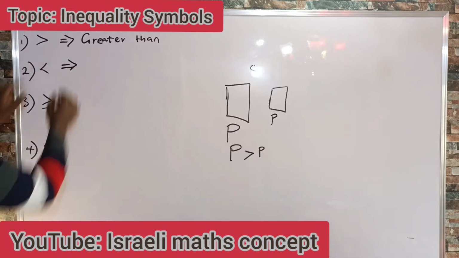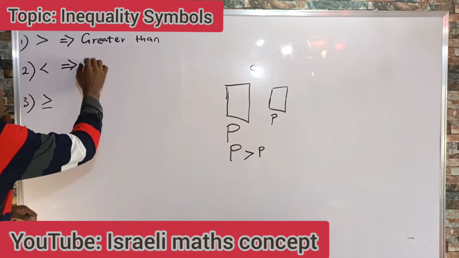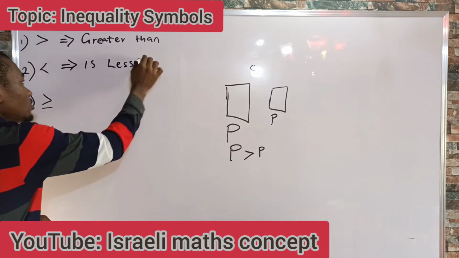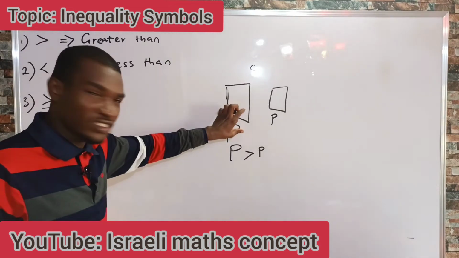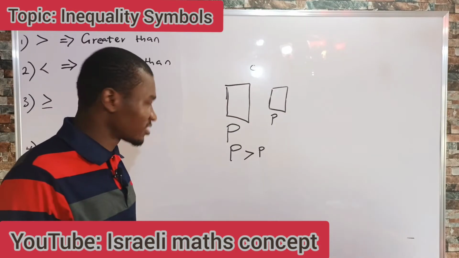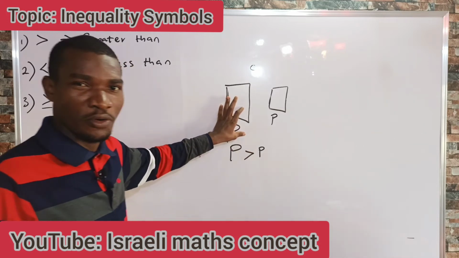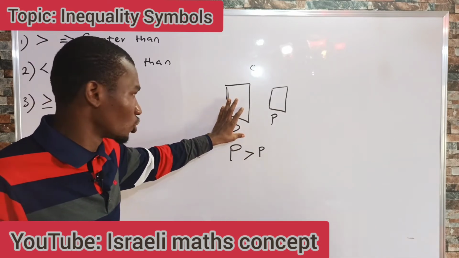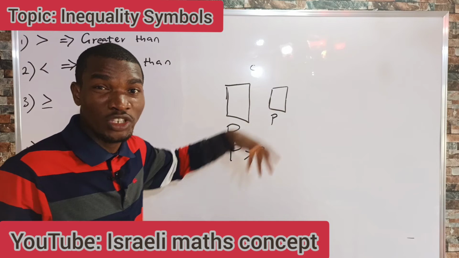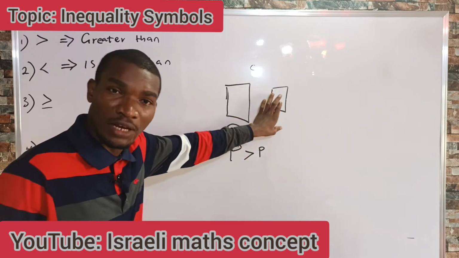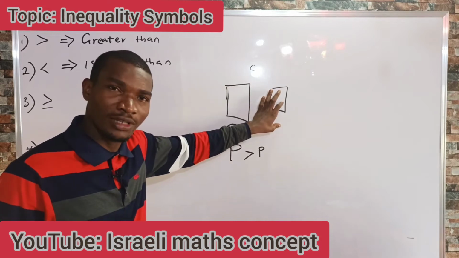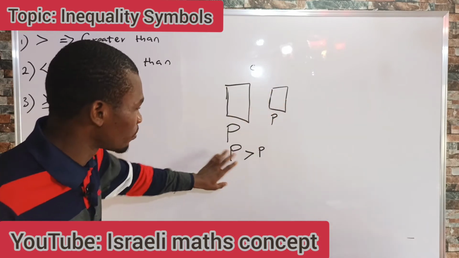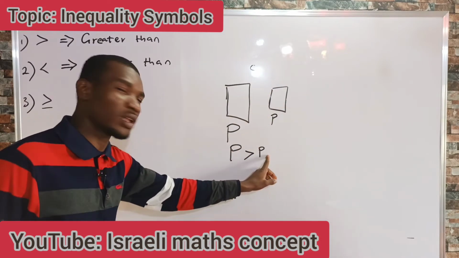Remember this inequality symbol means is less than. Let's also take for instance, remember that this is your bigger Android phone, which has more functions than the smaller one. Since the bigger one can perform more functions than the other one, we already stated that the bigger one is greater than the smaller phone.